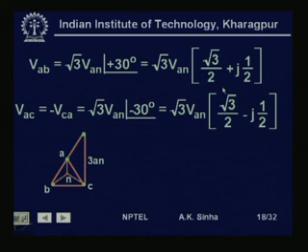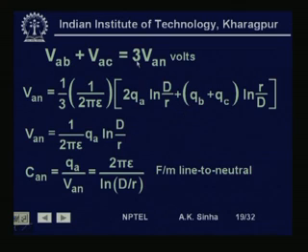So, that 2 will cancel out, and root 3 into root 3 will give us 3. So, this will be equal to 3 VAN. Therefore, we will get VAN, that is voltage of phase A to the neutral, will be equal to 1/3 of VAB plus VAC.